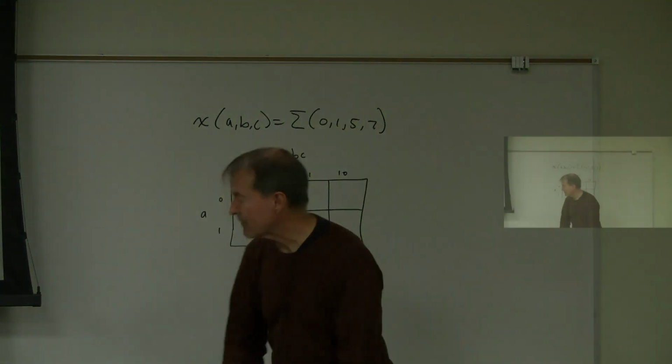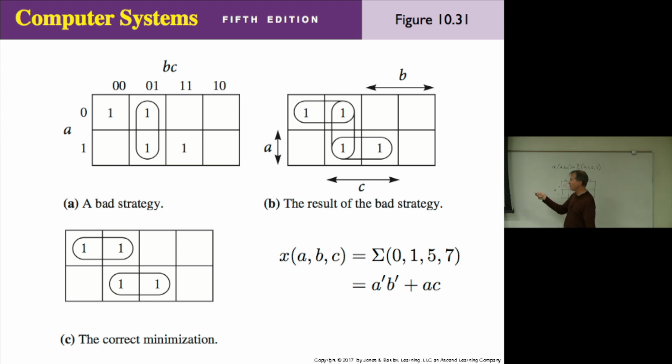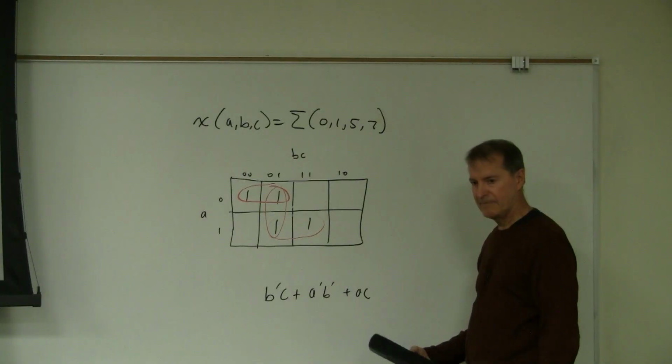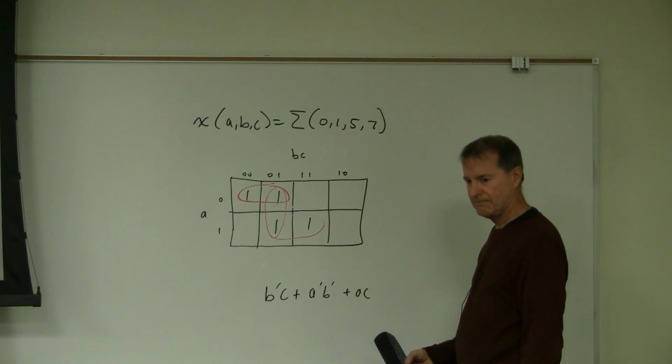Let's take a look at figure 10.31, and we see that using that column was the result of a bad strategy, because we can cover them all with just these two, which is A prime, B prime, or AC. So part C of figure 10.31 is the correct minimization. Does everybody see how to do these? You're going to have a bunch of them for your next assignment. Are we good?